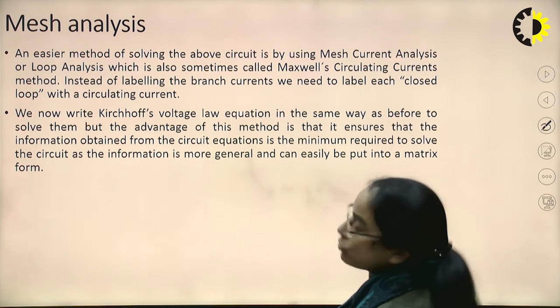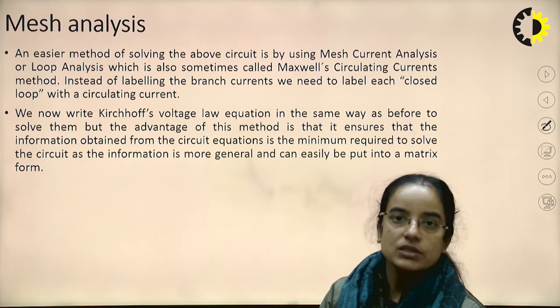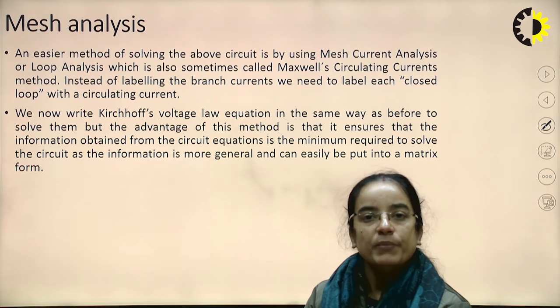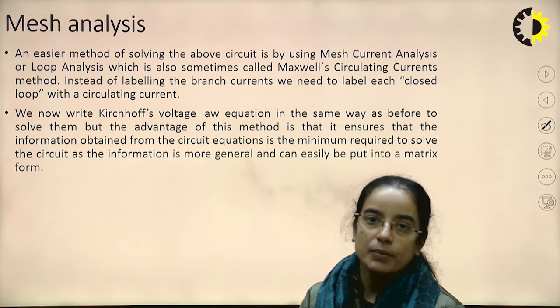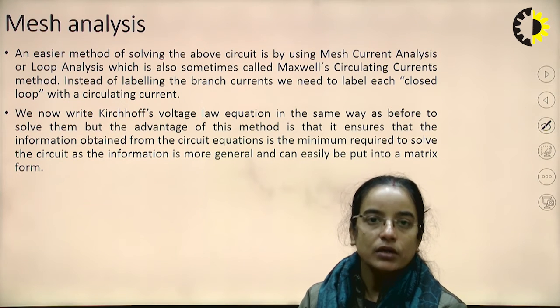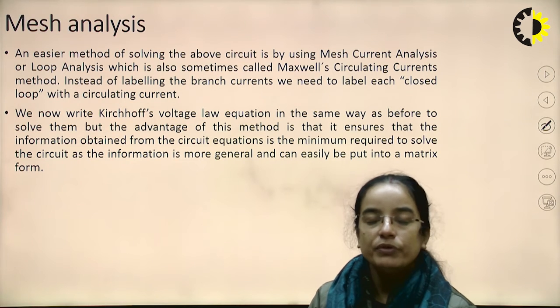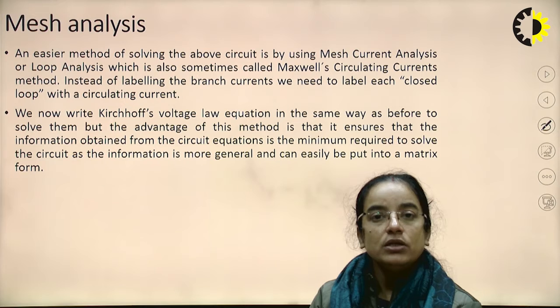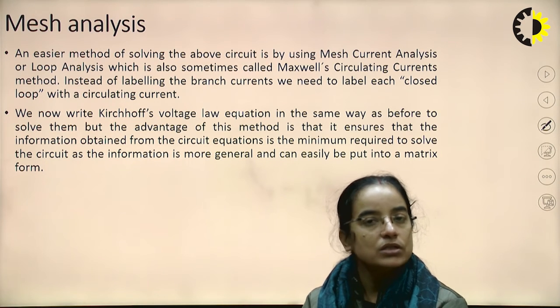An easier method of solving this type of circuit is mesh current analysis or loop analysis, which is sometimes also called Maxwell's circulating current method. Instead of labeling the branch currents, we label the closed loop currents. We label each mesh with a circulating current, and then write the KVL equation in the same manner.